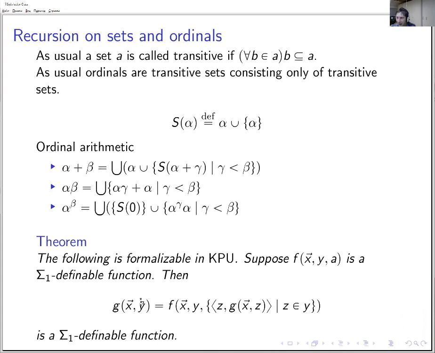So we want definitions of functions by transfinite recursion on sets: each next value of our function is defined using the values of the function on elements of the set on which we're defining it. The function f corresponds to the step of recursion.